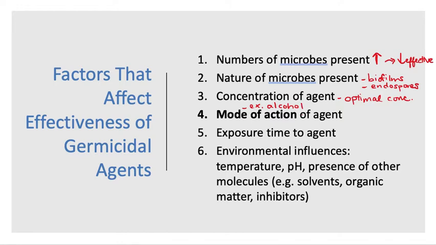So instead of using 100% or 99% alcohol, we try to use alcohol between 60 and 70%. This is because it'll stay on surfaces longer. There's more water mixed into it, so it won't evaporate as much. And also, that little bit of water that's mixed into 60 to 70% alcohol is going to help that alcohol get inside cells through the aquaporins.